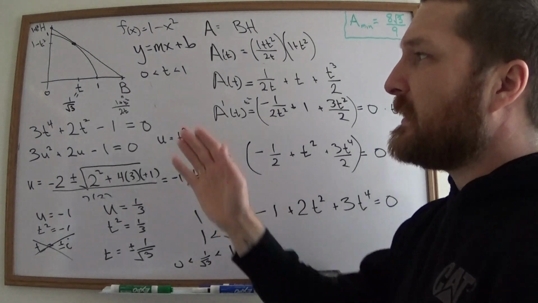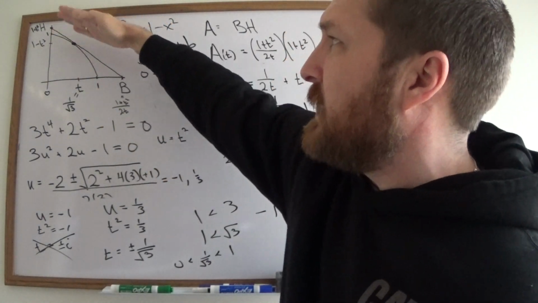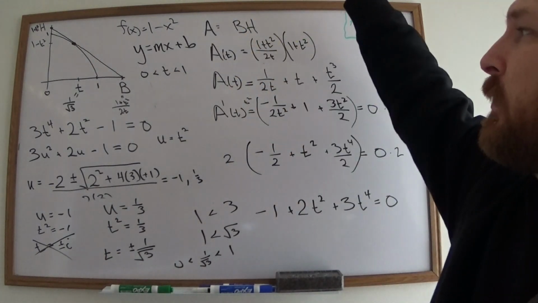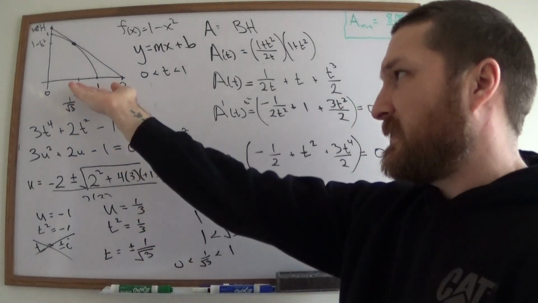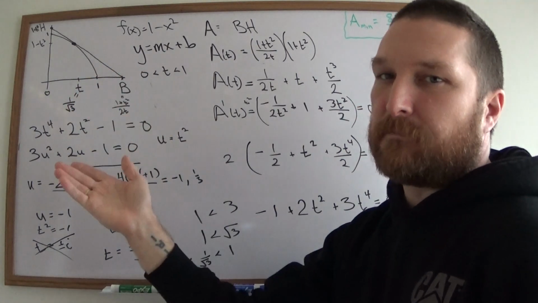As we said, it can't be a max because we know that this thing is unbounded. As t gets really, really small, this is going to blow up. So it can't be a max. There's only one that works in this setup, so it has to be a min.